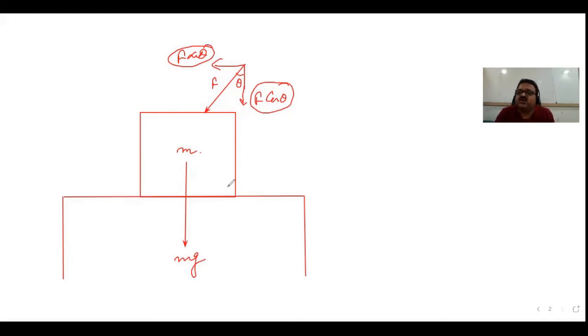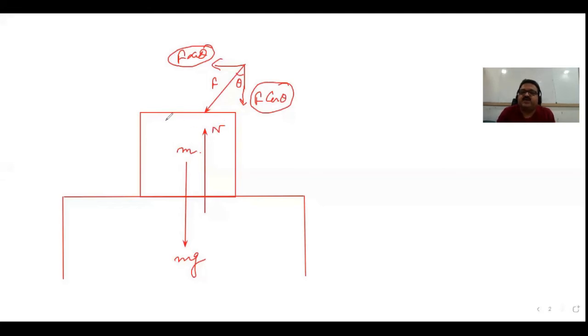And according to Newton's law, an equal amount of reaction will be exerted by the table surface. So the table will offer an equal amount of reaction force in the upward direction, and since it is normal to the surface, it is called normal reaction.